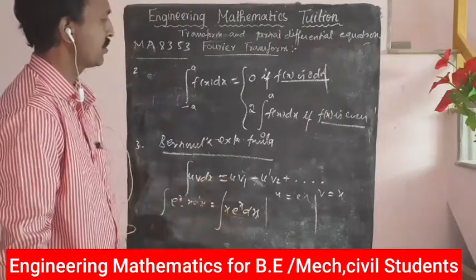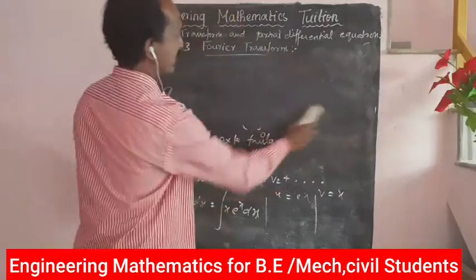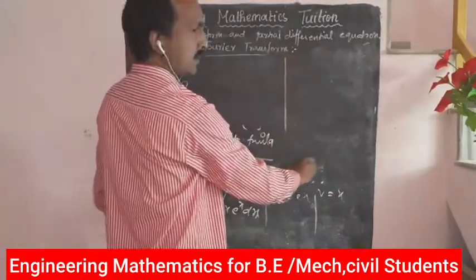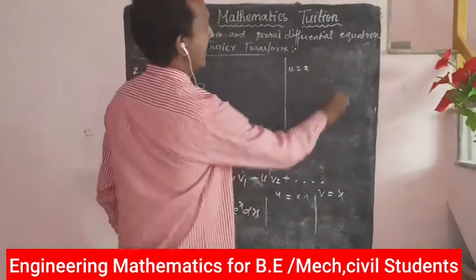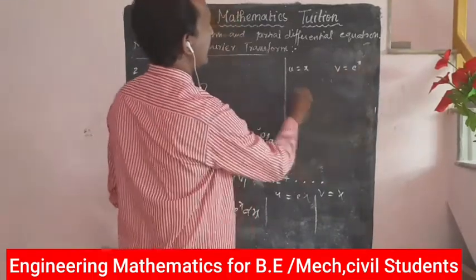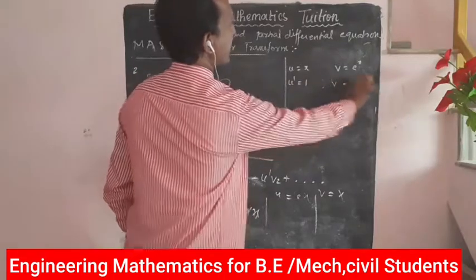Now we apply Bernoulli's extension formula. u equal to x, v equal to e power x, u dash equal to 1, v equal to e power x.